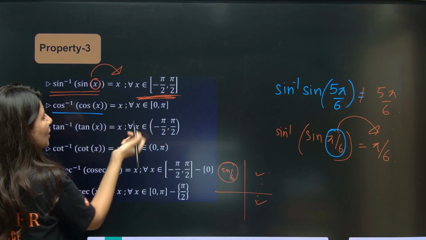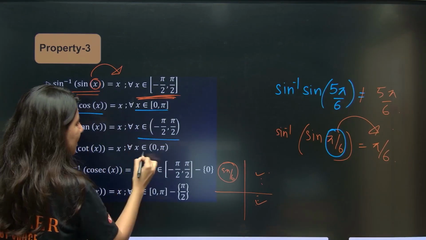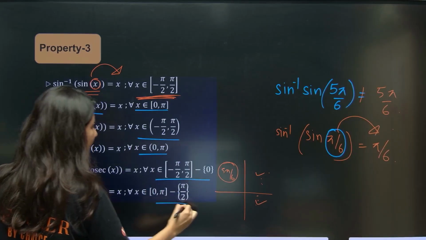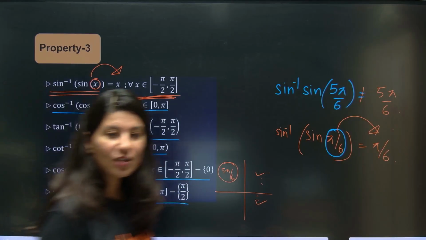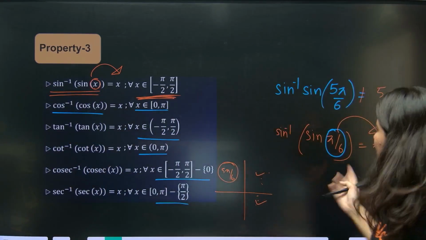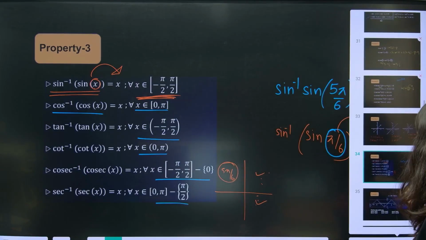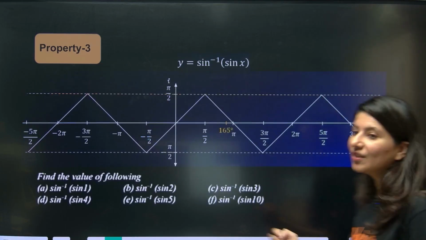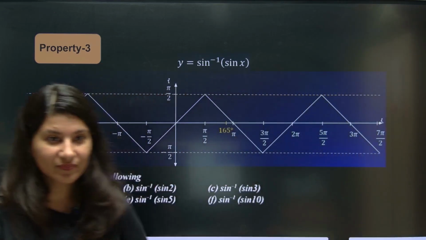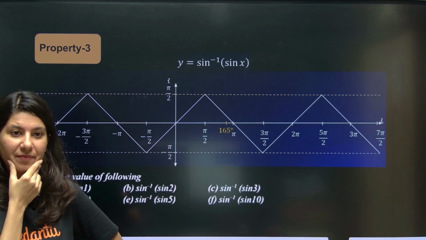Okay, for cos inverse cos x, it is 0 to pi. Can you notice, this is the range of all the respective inverse functions. If it is coming in the range, then you can write x directly. But if it is not, then you have to study this.